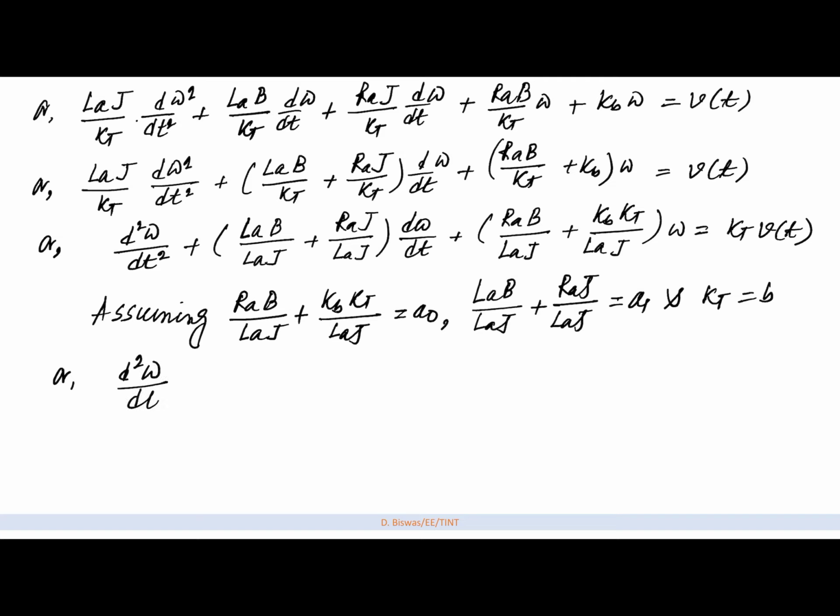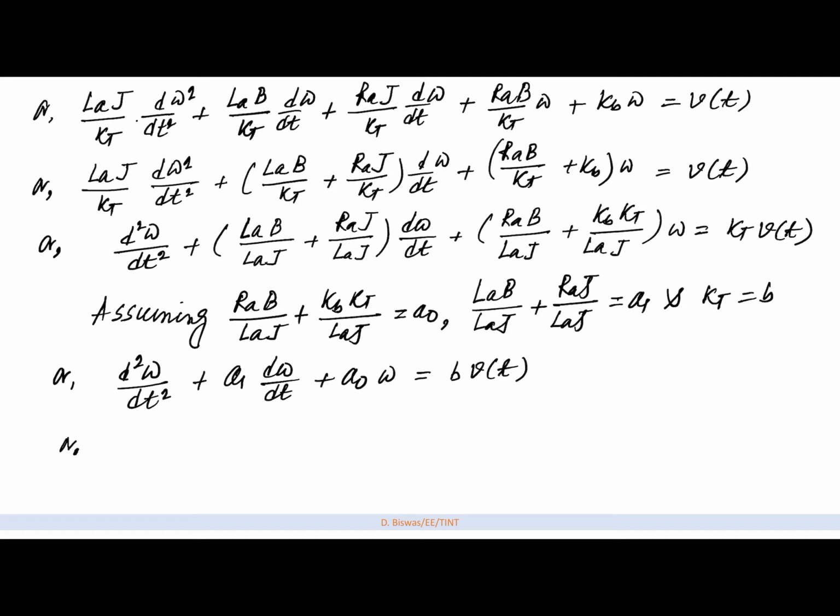double derivative of omega plus A1 first derivative of omega plus A0 times omega is equal to b into Vt.